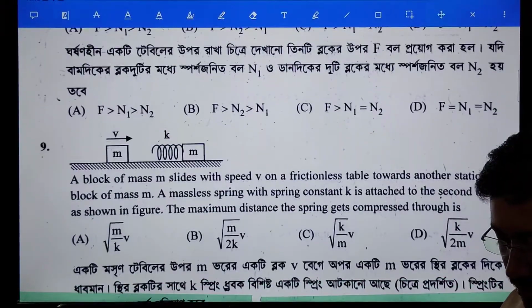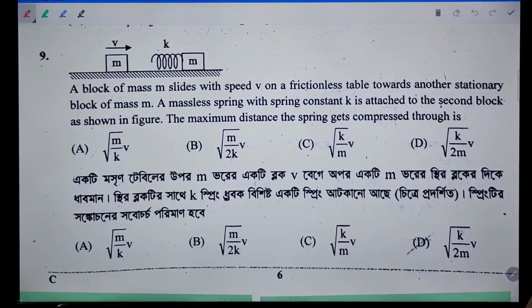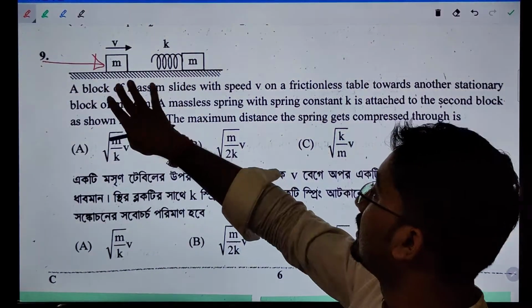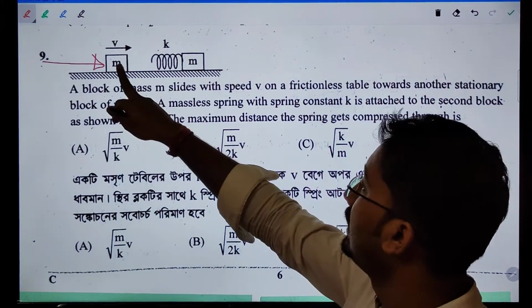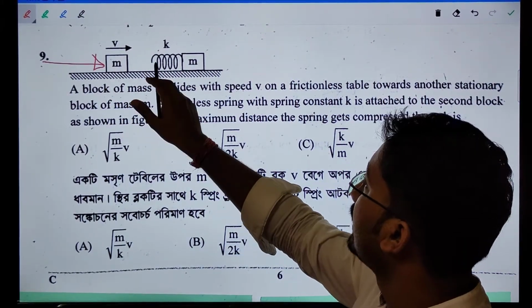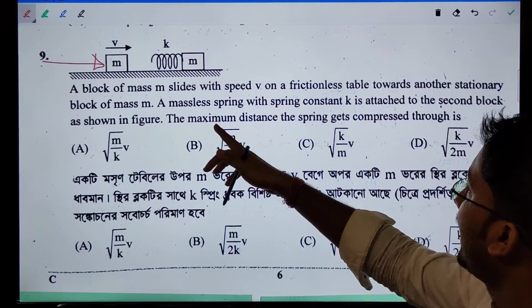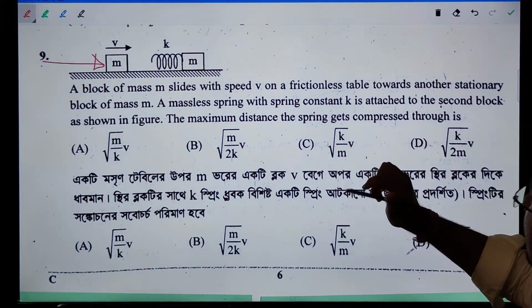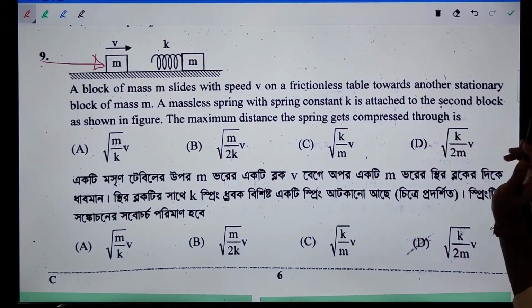Okay, so in the next question you can see a mass has been placed over here which has been thrown on the surface in the right direction, and it will hit this spring and the spring will shrink. So the maximum distance the spring gets compressed through is what?